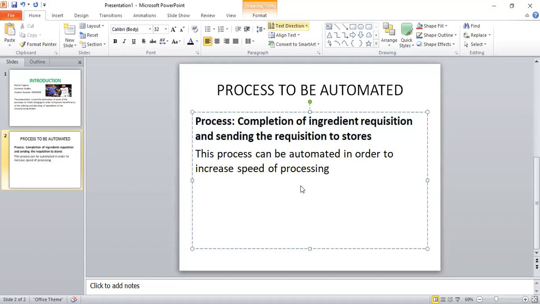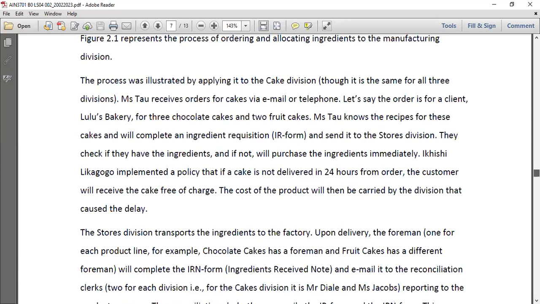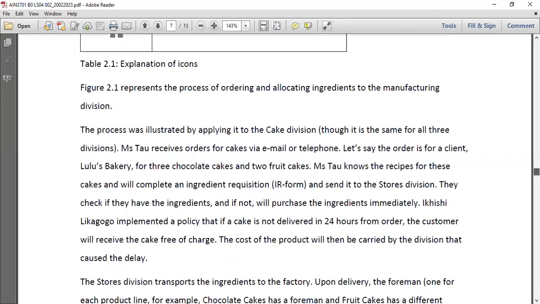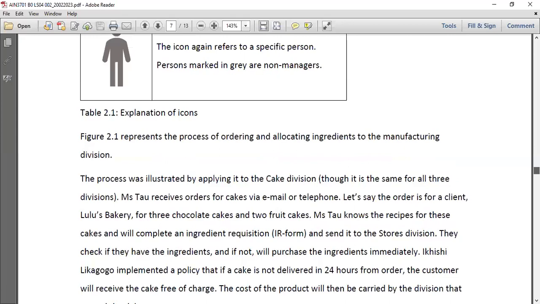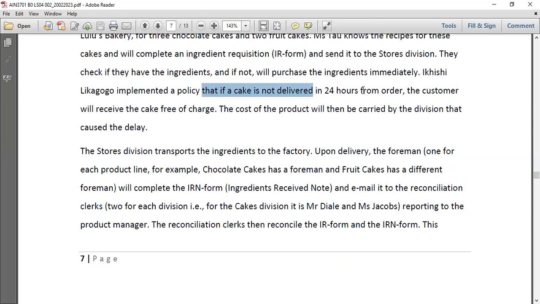Remember that I think I read something that you can also use as an advantage. Not all of you can just choose what you want. I'm just giving you an example here. We're told that if a cake is not delivered in 24 hours from order, the customer will receive the cake free of charge.